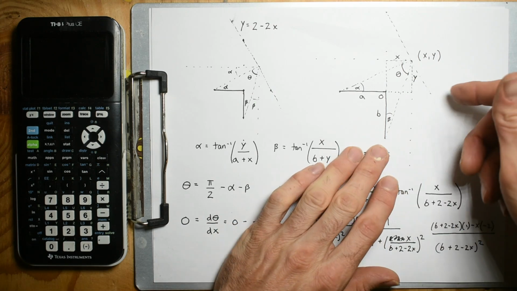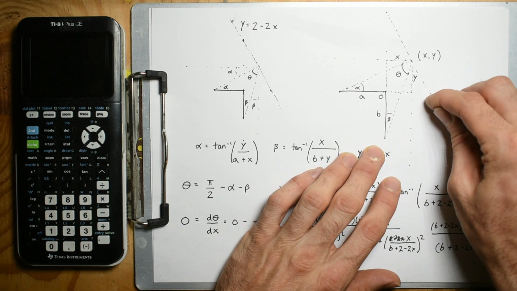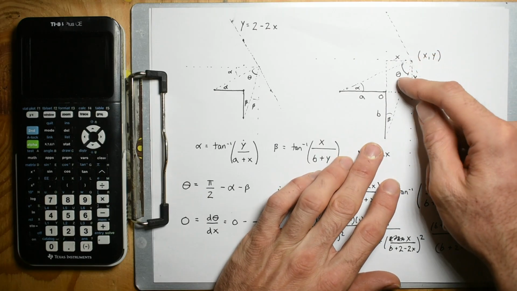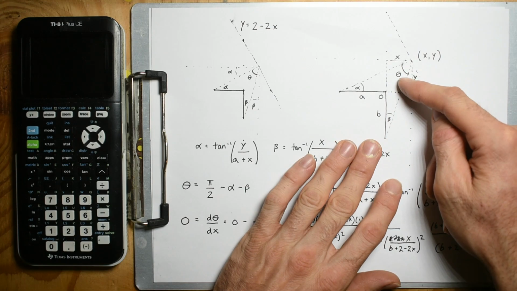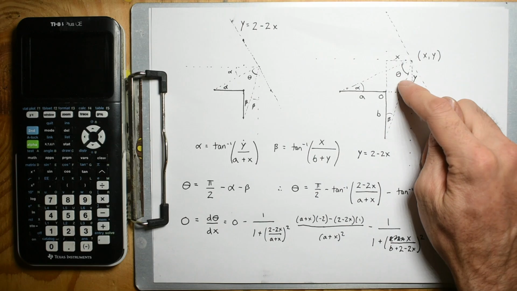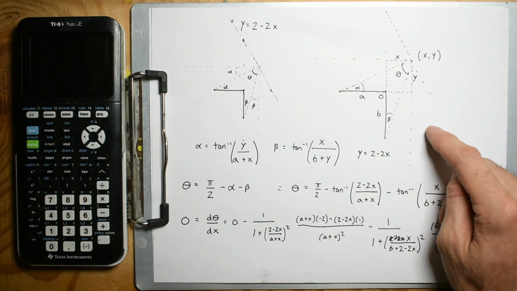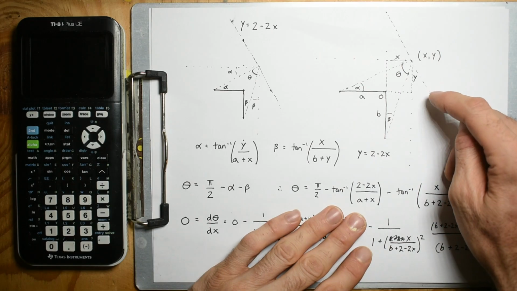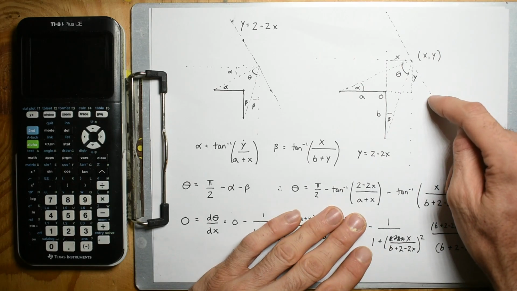Anyway, I just want to show you this problem. As I go up to here, there's a point where the change in this angle is maximum, actually. Where the angle doesn't change a whole lot.